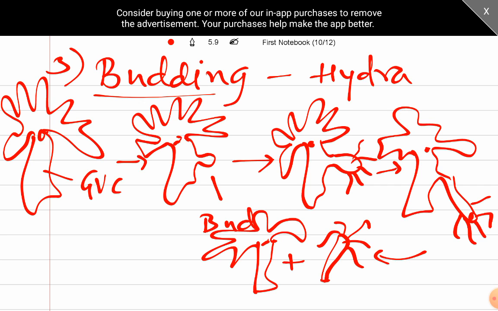So 1 plus 1 becomes 2. Now these are 2 with the parent. This is called development of a bud, and the process is called budding. When this bud is completely detached from the body of the parent, it is converted into a new individual.